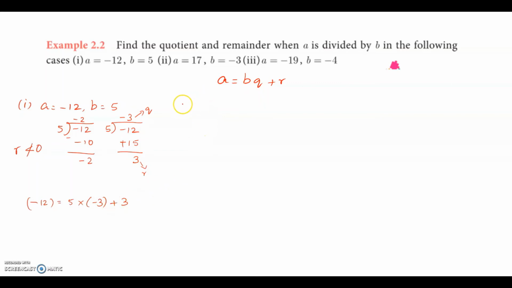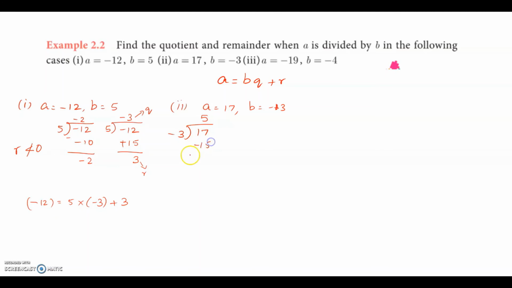Right, let's try the second one now. Our A is 17 and B is minus 5. So let's do the same thing. 17, sorry, it's 3, minus 3. So 5 3s are 15.